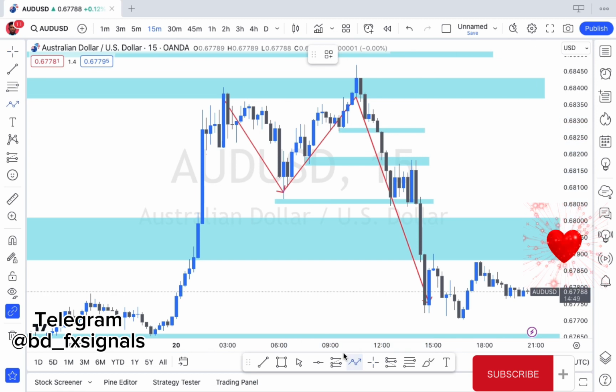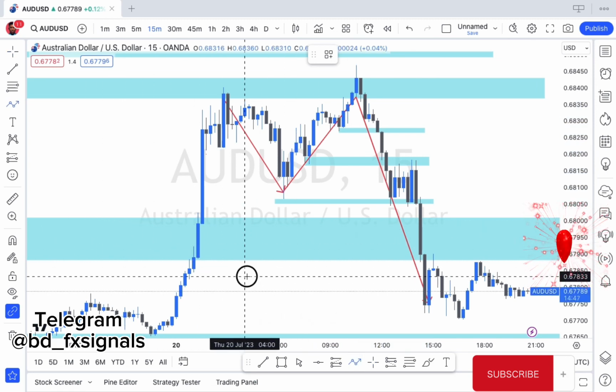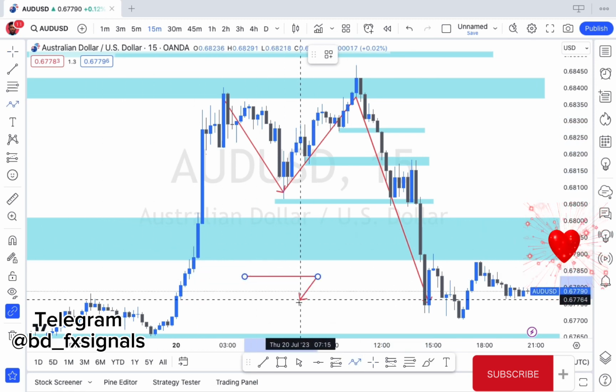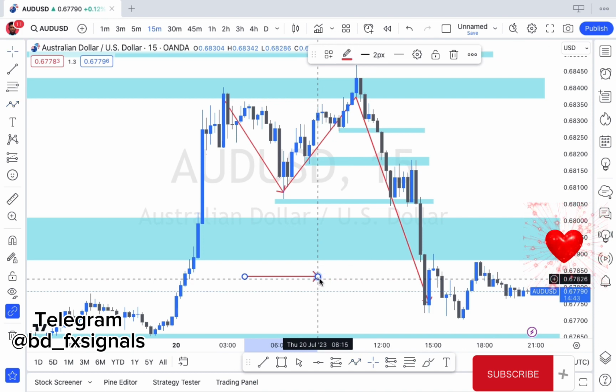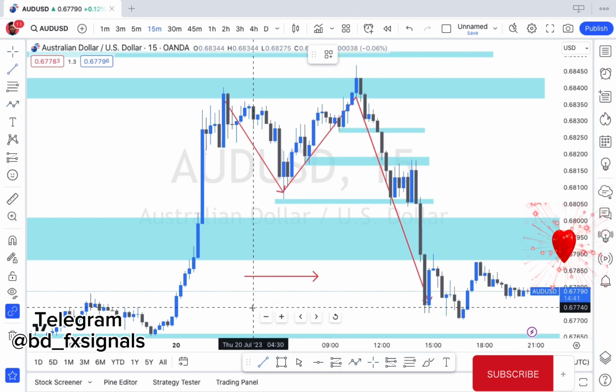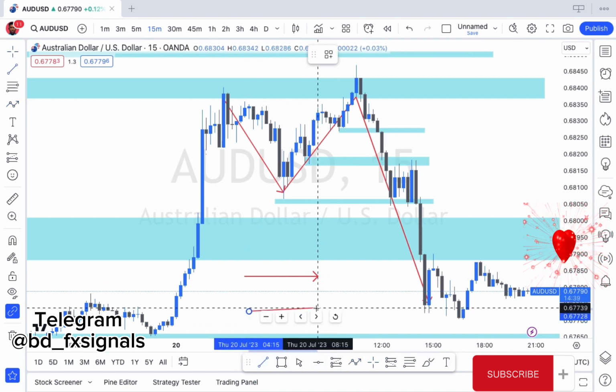Whenever I see market gets to a zone, let's say this is a zone like this, this is a zone here, and this is another zone here.